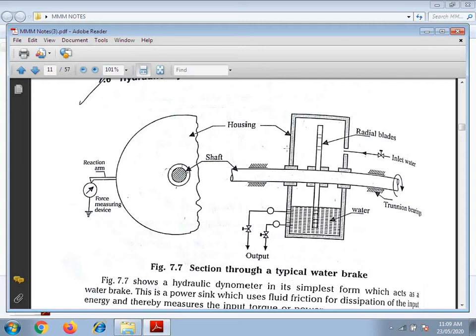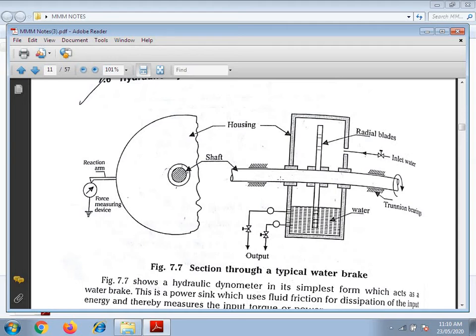This is the shaft, and these are radial blades. This is the inlet water, and this is the outlet. A typical hydraulic dynamometer is shown in the sketch.